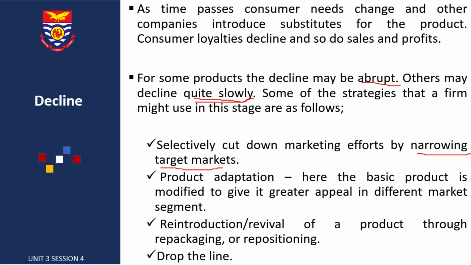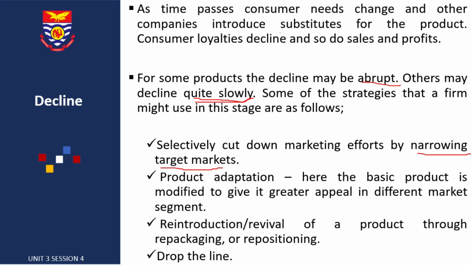So if you used to serve everyone in Ghana, a marketer can only pay attention to those at the central region. The marketer can pay close attention to those at the greater Accra region because the product has gotten to the declining stage, and therefore more attention needs to be paid on the product.